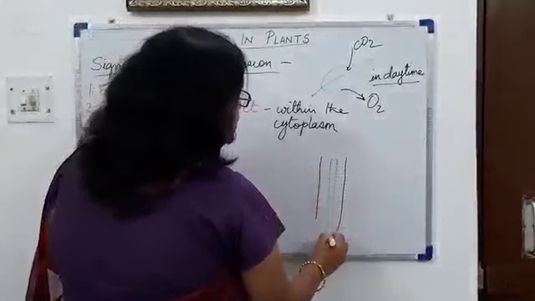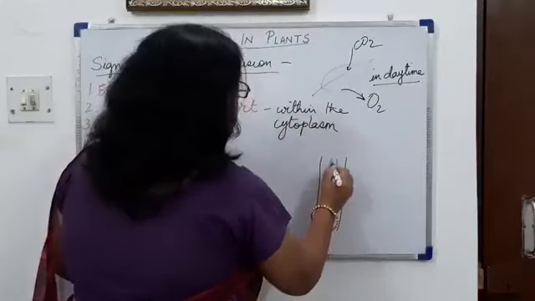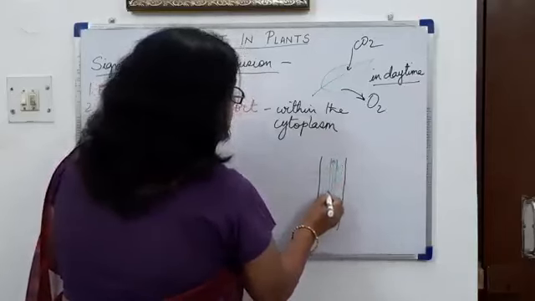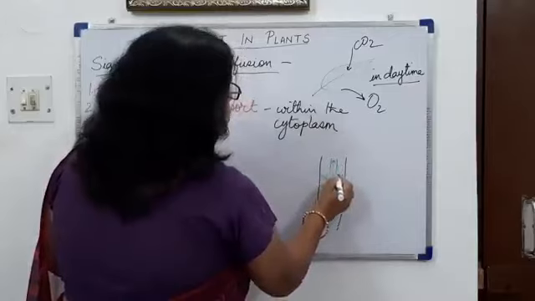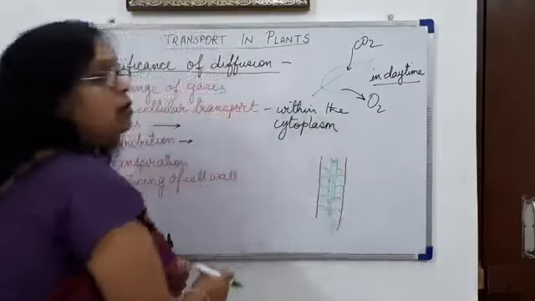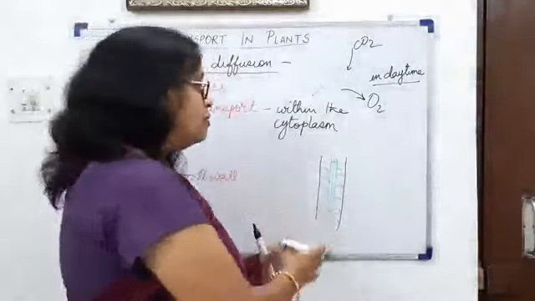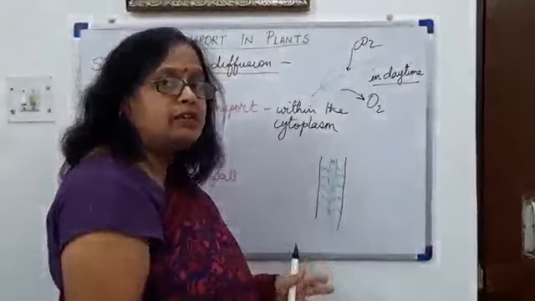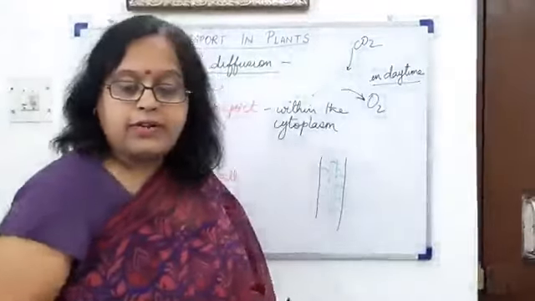When the water is rising up in the xylem channel, it is being distributed into the neighboring cells. So this is how through the xylem, water gets diffused into the cells and keeps the cells moistened and hydrated.